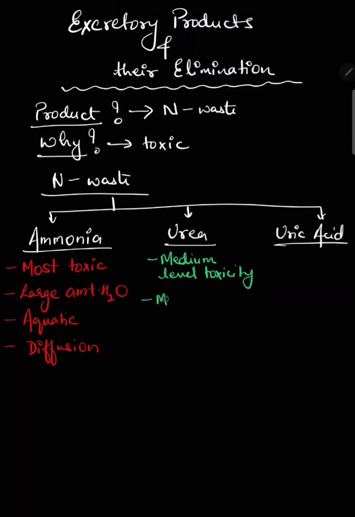We cannot say a medium level of water, but it requires less water than ammonia and more water than uric acid to be eliminated. If we have to remove urea from the body of an organism, it requires less water than ammonia but more water than uric acid.